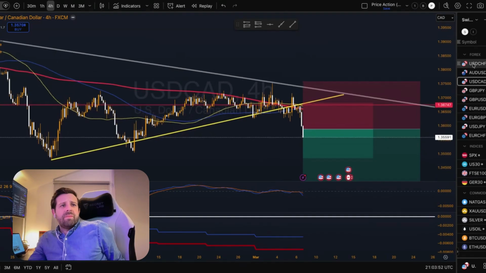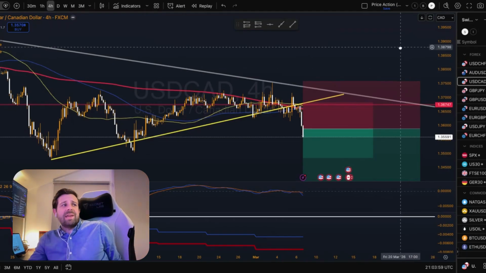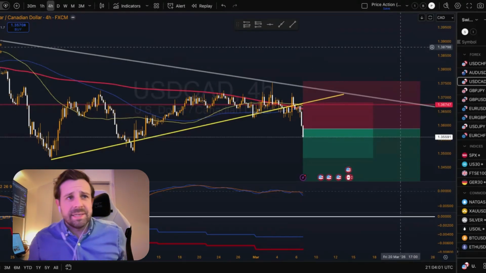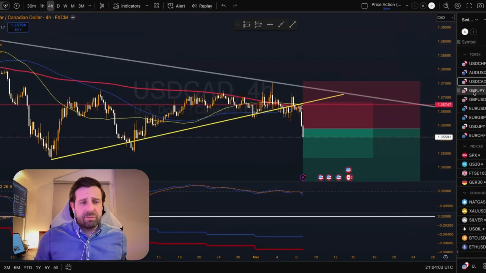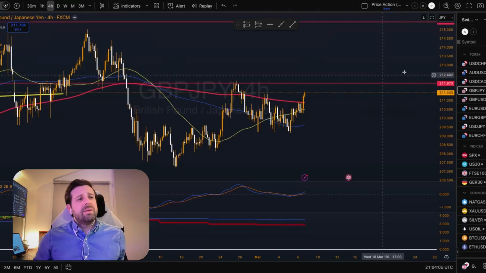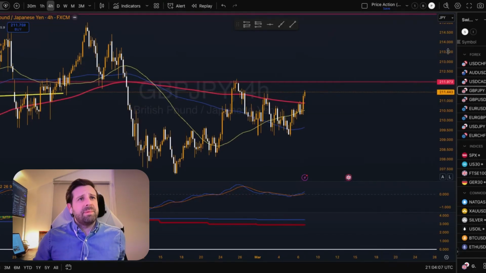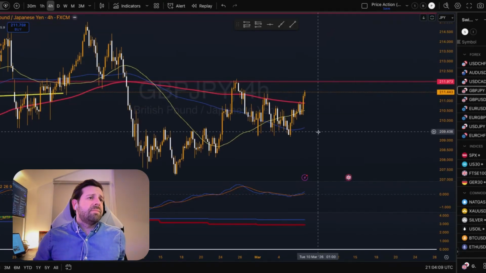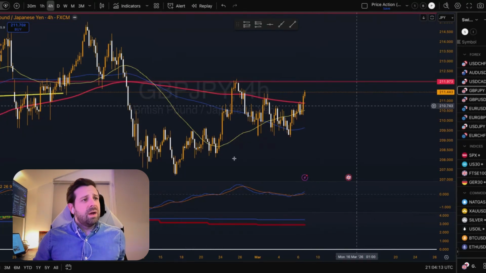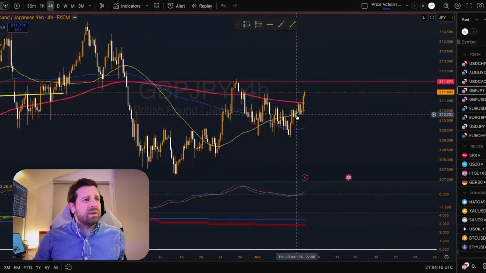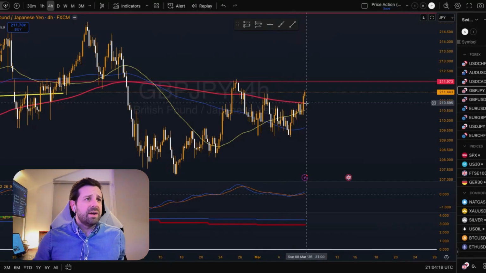So I'm bearish on US dollar Swiss, I'm bullish on the Aussie dollar US dollar, I'm bearish on the US dollar CAD. And now I'm just going to bash through some of these other forex pairs quickly. So we've got the pound, Japanese yen. I should be looking for shorts here, but currently the market seems determined to push ever higher, has gone through the 200 MA.